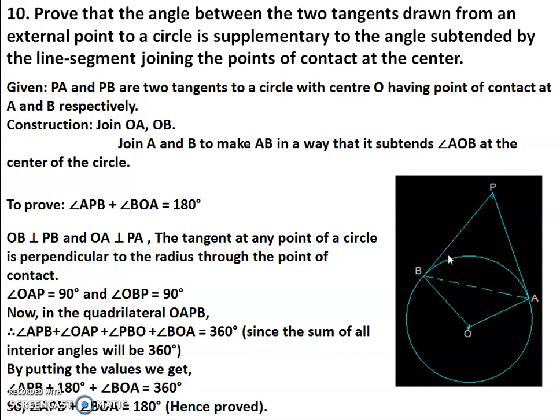Now, you know these two angles are 90 degree. Then 90 plus 90 is 180. So, the remaining two angles when you add should be 180 degree. So, we got angle APB plus angle BOA equal to 180 degree. Hence, proved. Is that clear, children?